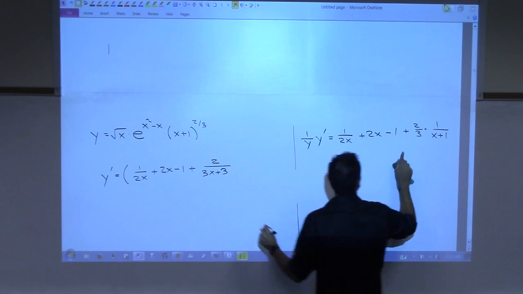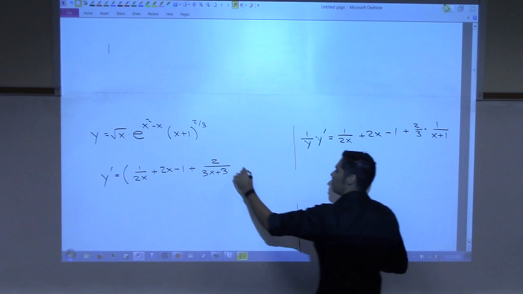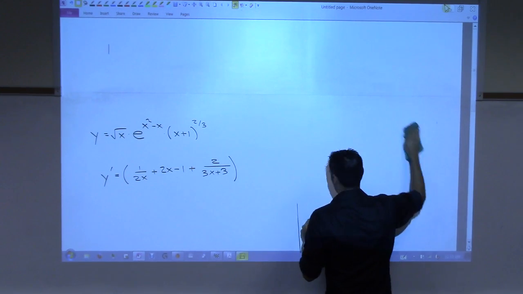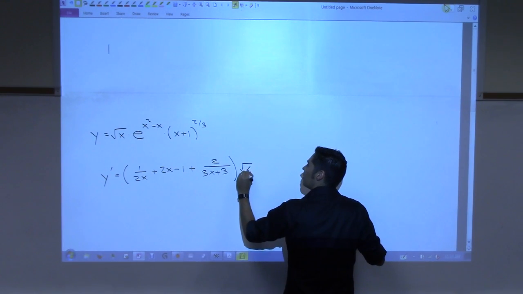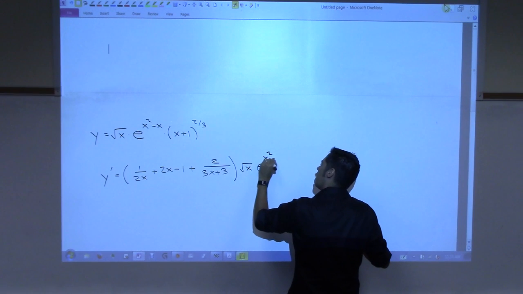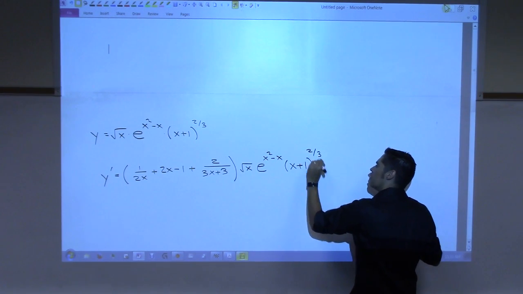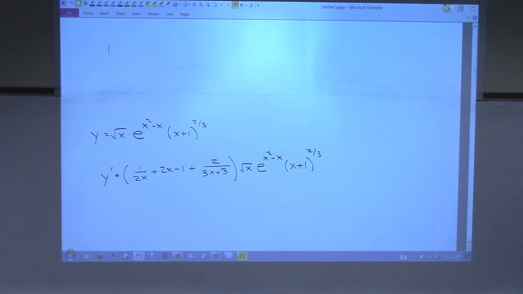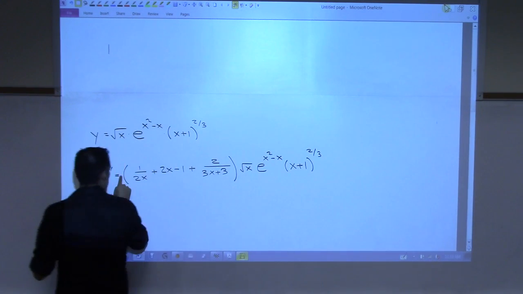If you want, you can distribute the 3 through to both terms. And then the parentheses is closed, and now you come in with y on both sides. So, well, I came in with y on the left, now y on the right. Root x e to the x squared minus x times x plus 1 to the 2/3. There you go. It doesn't matter if it's in front or not. You could put this whole thing right here instead.